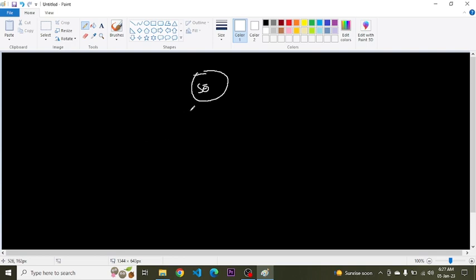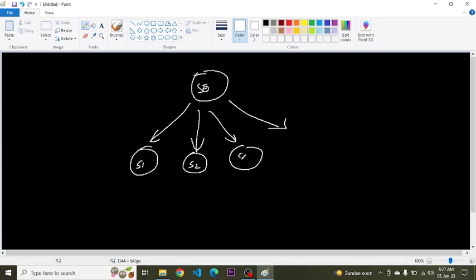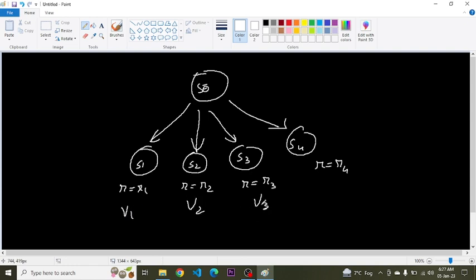Okay, initial state S0 is here, and S1, S2, S3, S4, with rewards R3, R4, and values V1, V2, V3 and V4 by taking action 1, action 2, action 3 and action 4.